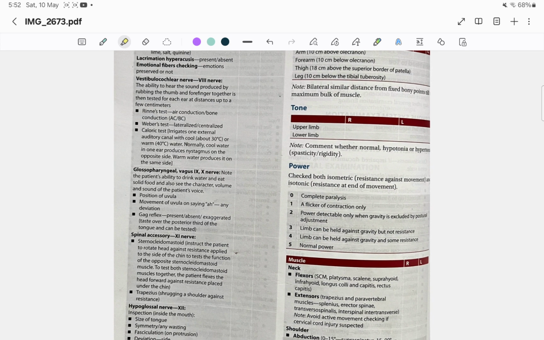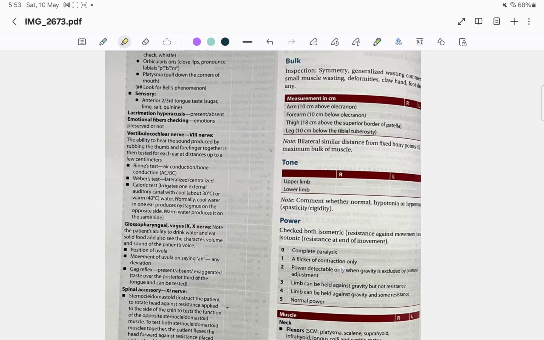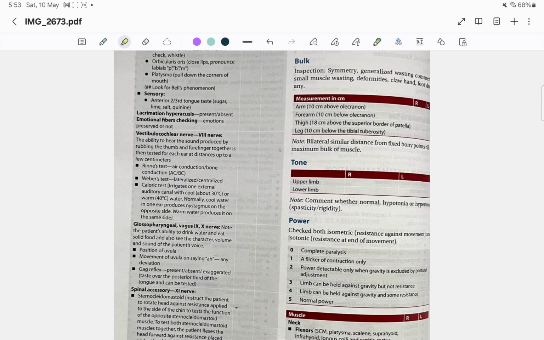Other than this, for the vestibulocochlear nerve, I will do Rinne's test and Weber's test, and for the glossopharyngeal nerve I will do the gag test, because these nerves are involved in very few conditions. These are postgraduate level. The hypoglossal nerve, the sensory part and the spinal accessory nerve are affected in higher diseases. For a normal stroke, for an undergraduate level, just understanding how to examine the facial nerve is more than enough.